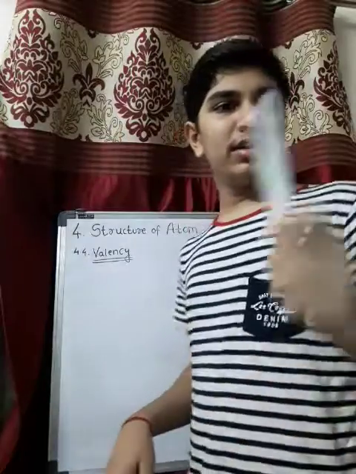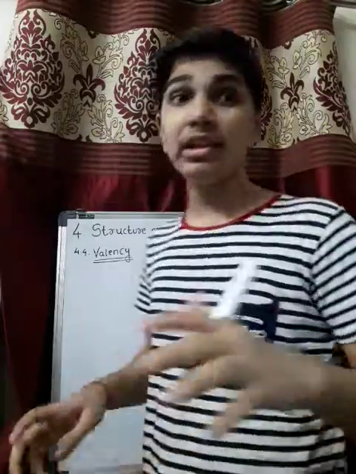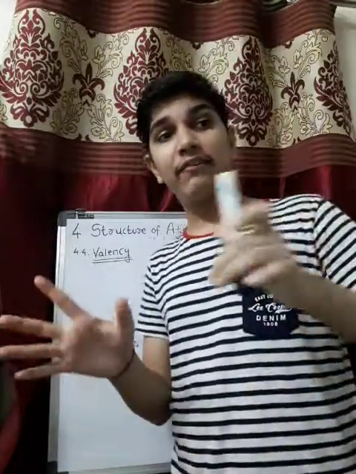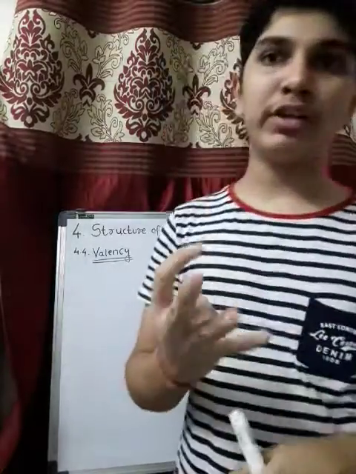Now we have learned how electrons in an atom are arranged in different shells or different orbits, right? We have seen that an atom has shells K, L, M, N. Now the electrons present in the outermost shell of an atom are known as the valence electrons.